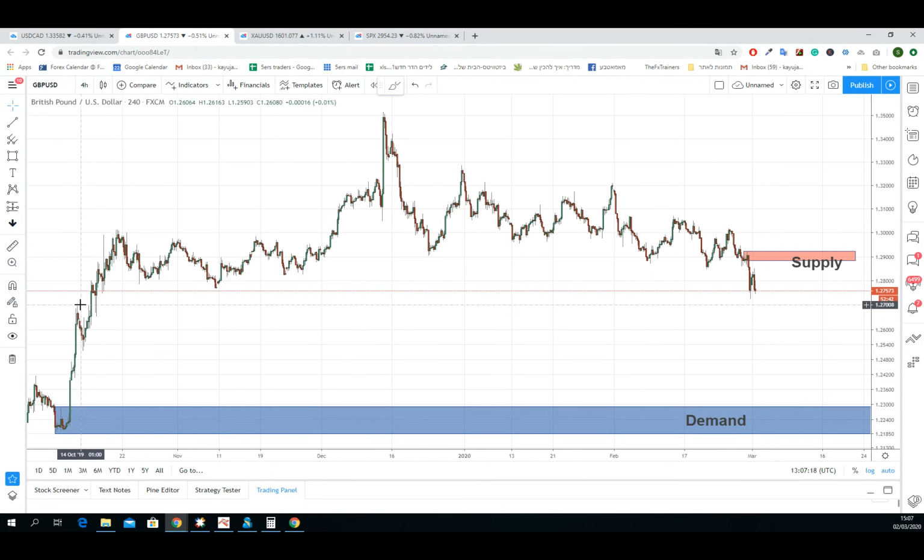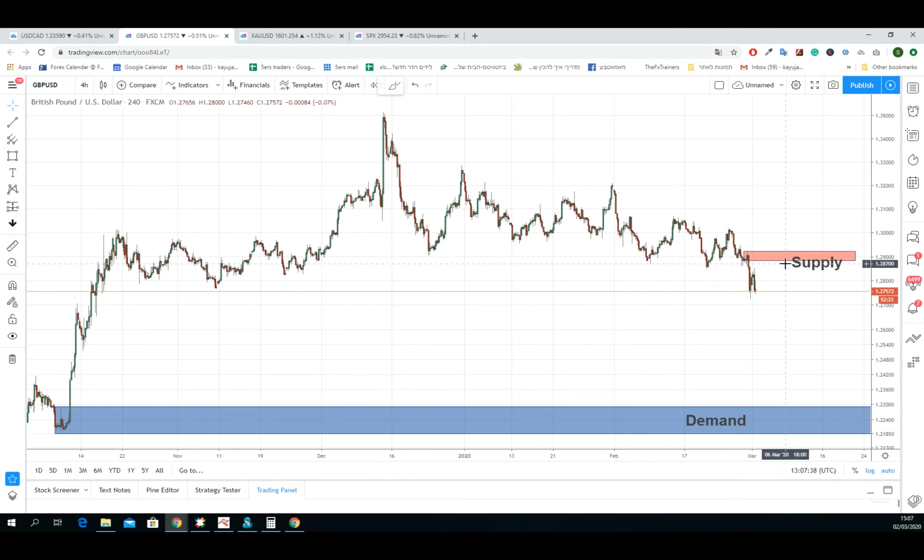And since the price ran away from that level, it didn't come back to visit here. And I believe that on the first touch, we should see some reaction in this demand. So I'll sell at this supply if the price reaches there.